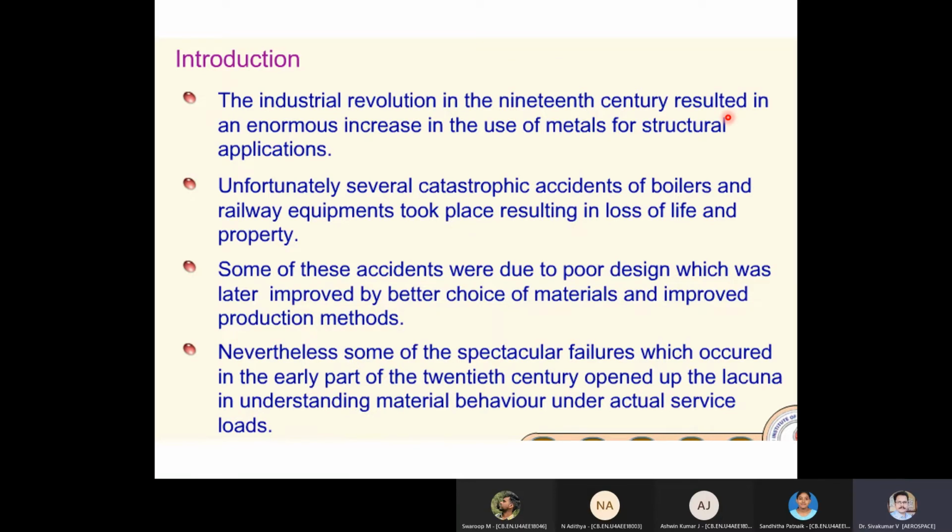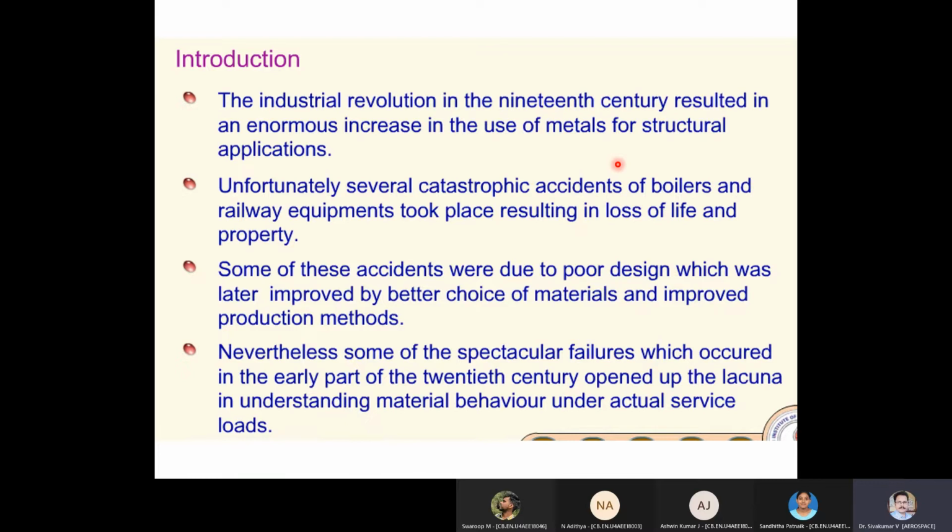Only in the 19th century, when the industrial revolution started, people began to use metals for structural applications. What were the structural applications in the 19th century? Boilers, railway locomotives, ships, boats, and wheels, something like that. It all came.